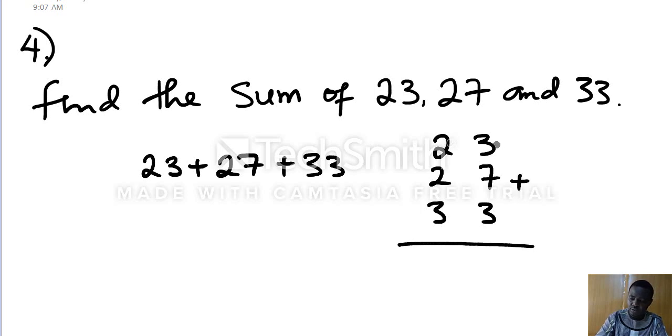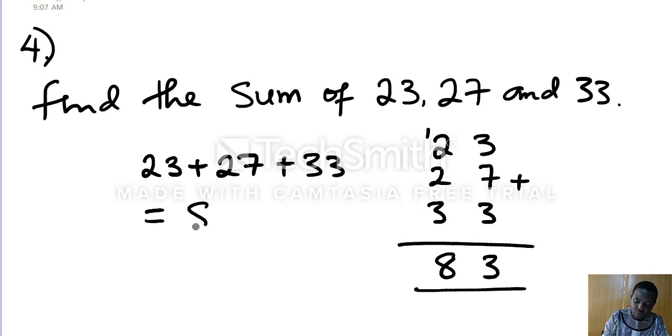Summing them up, 3 plus 7 gives you 10. 10 plus 3 gives you 13. Write down 3 and carry 1. 2 plus 2 is 4. 4 plus 3 is 7, plus 1 up there is 8. So our answer becomes 83. So therefore this is equal to 83 as the sum.